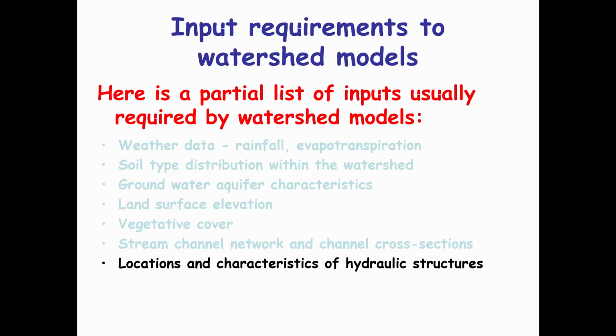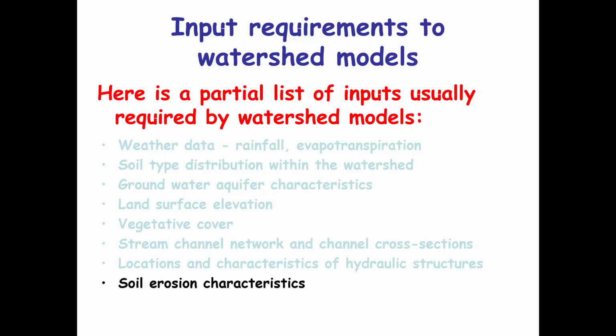Where there are hydraulic structures, culverts, bridges, and so on, that's not always information that's readily available. This is very important because of the effect of hydraulic structures on the flows, interruption of flows in channels. The characteristics of soils, I already talked above about soil type distribution.